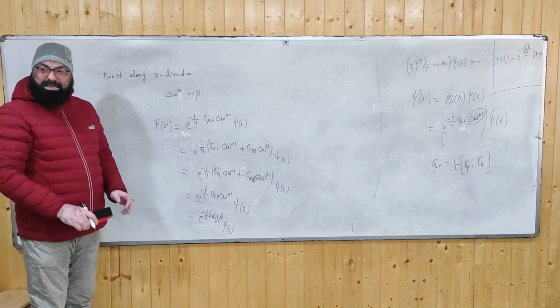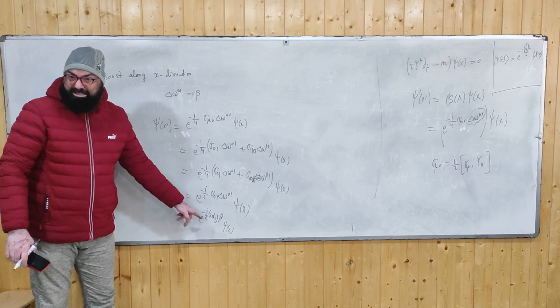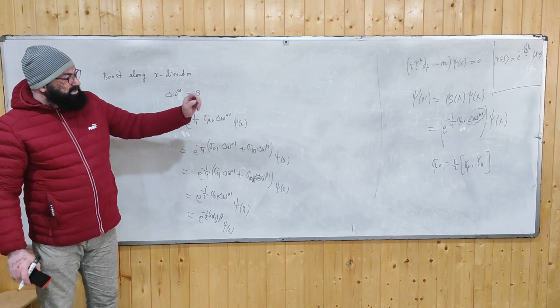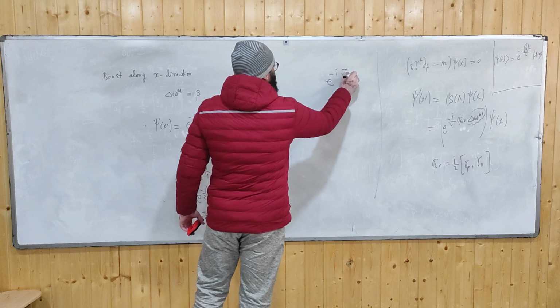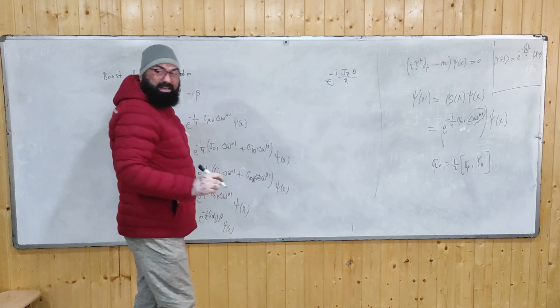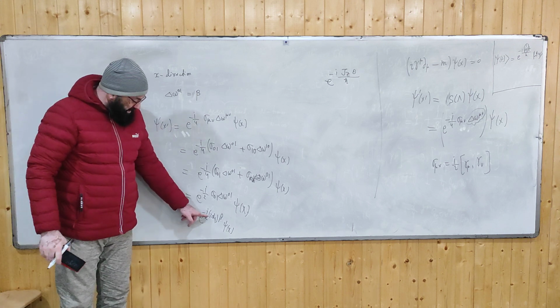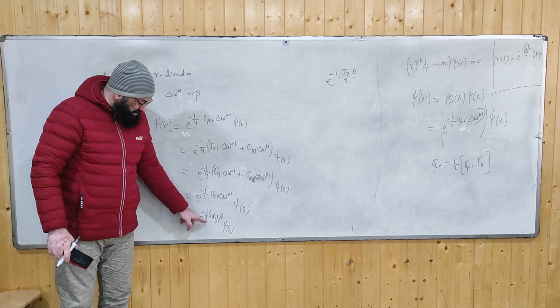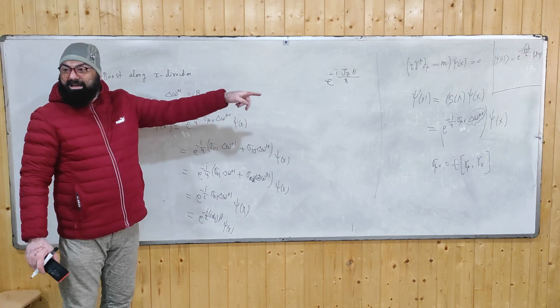Now if you see what you are having, it is the same kind of object: e raised to the power minus i J dot theta, like minus i J z theta by h cross. Since we are using h cross equal to 1, what you have is i alpha by 2. Compare with e raised to the power minus i J z theta.